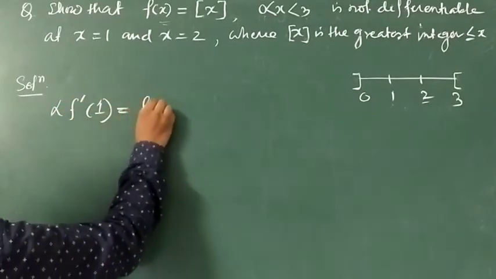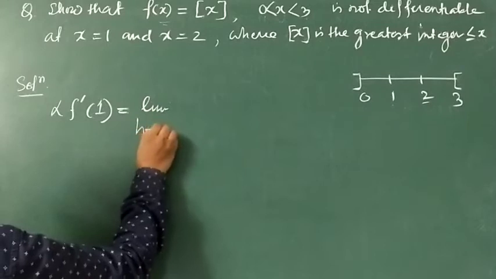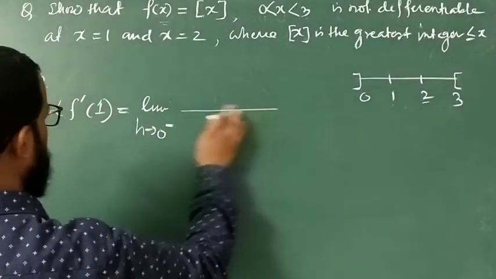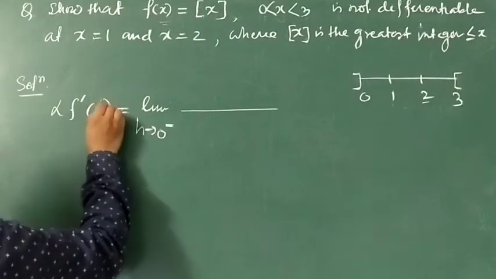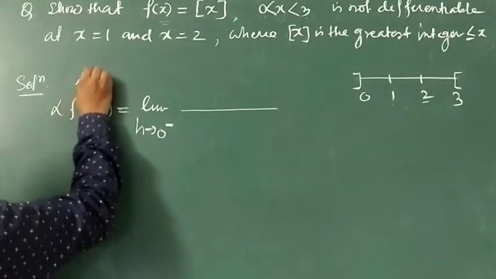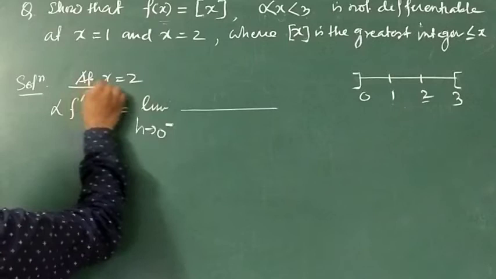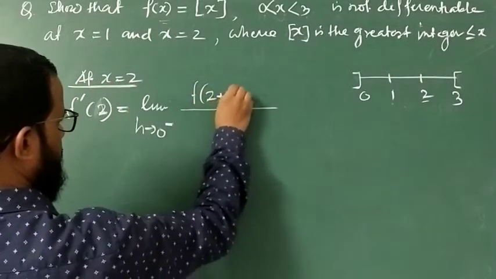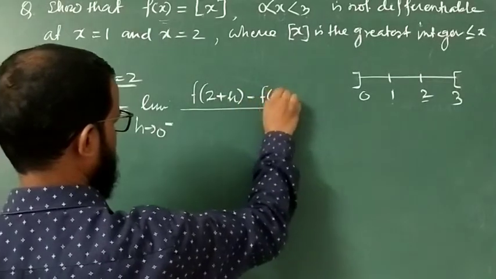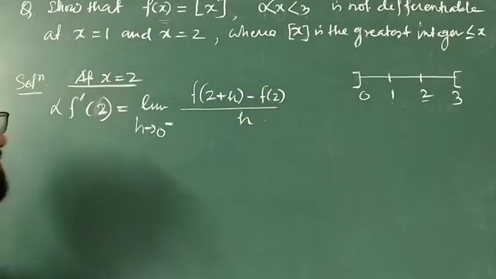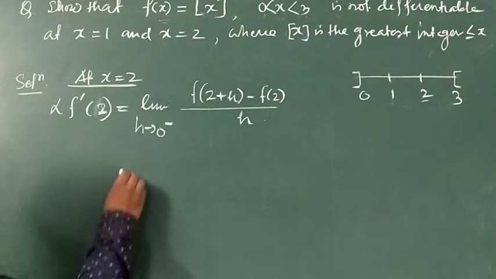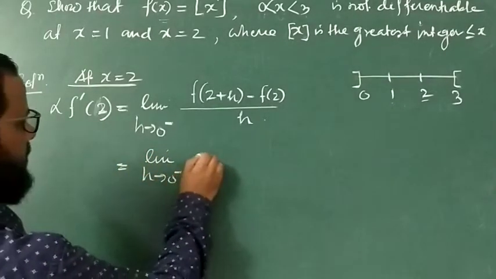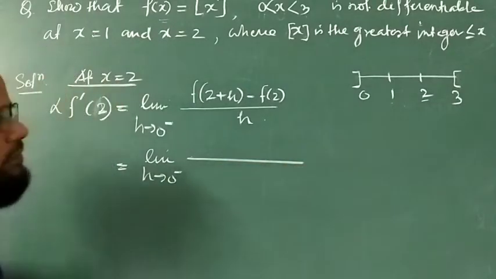L f dash 2 is equal to limit h tends to 0 minus, formula is, I am going for 2. Okay, at x is equal to 2, you check it. Limit h tends to 0, f of 2 plus h minus f of 2 by what? h. This is the actual definition of left hand derivative. Okay, so limit h tends to 0 minus, now comes to your function.